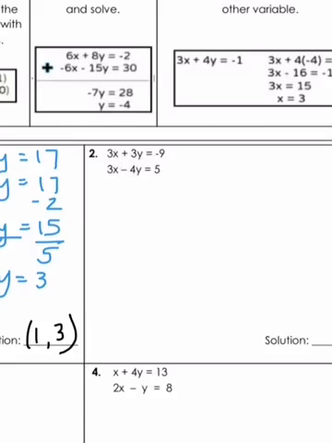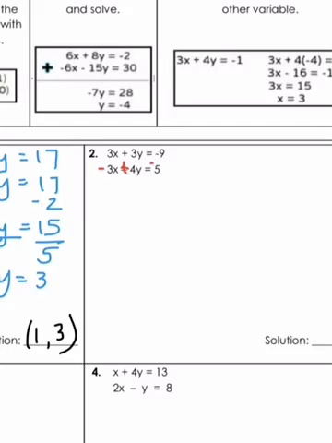So we can just make one of them opposite. Basically we're multiplying the entire bottom equation by a negative 3, so it's just going to change the signs. A positive 4y, and then that's going to be a negative 5y.